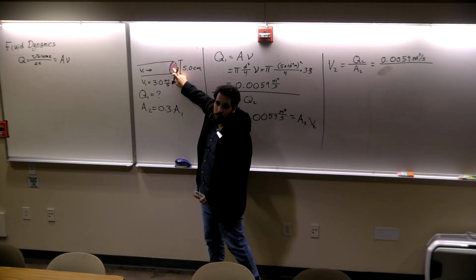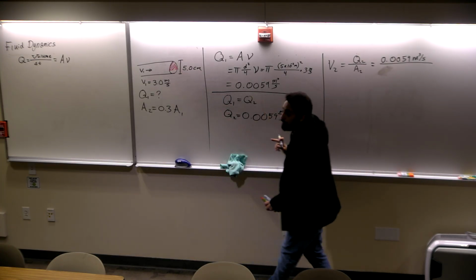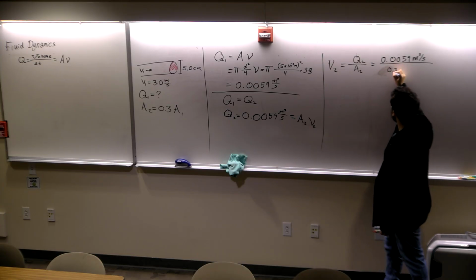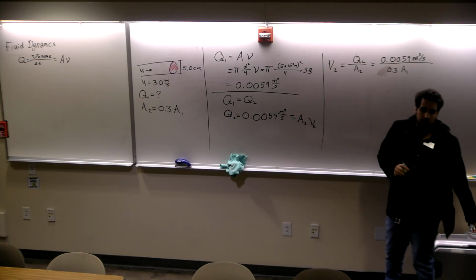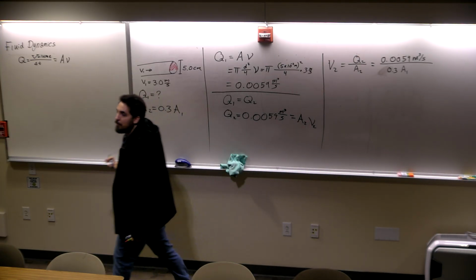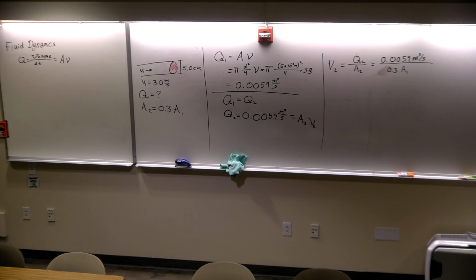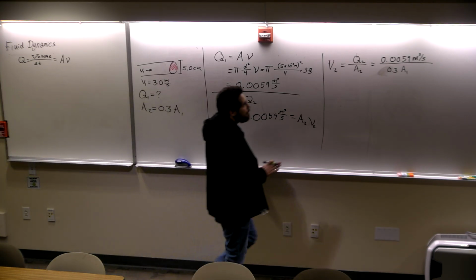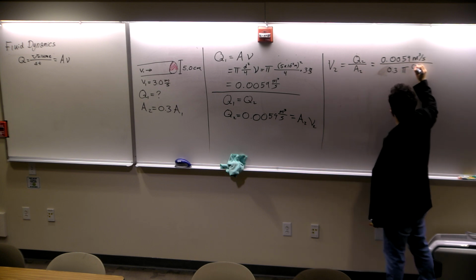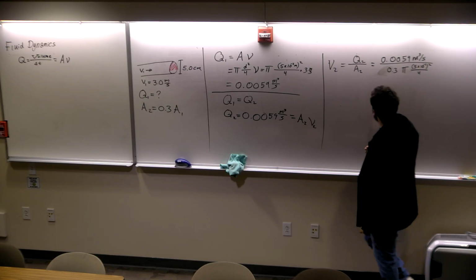pi times diameter squared over 4. We don't have a circle, right? So it's not pi times diameter squared over 4. Instead, what we know it to be is 0.3 times area 1. Area 2 is 30% of area 1. We decreased it by 70%. Area 1, of course, is pi times diameter, 10 to the minus 2 squared over 4.